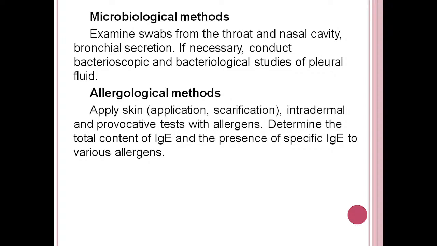And allergological methods, for example, skin application or scarification, intradermal and provocative tests with allergens. Also, determining the total content of immunoglobulin E and the presence of specific immunoglobulin E to various allergens.